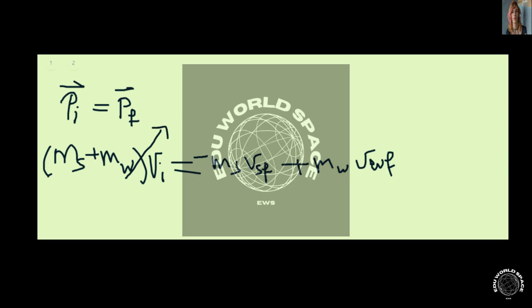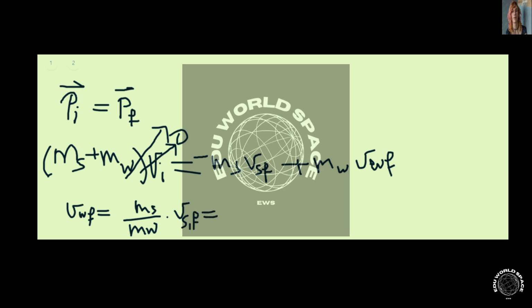Again, the initial speed is 0, so this is 0 here. And when I solve for the speed of the water final, I get V water final equal to the mass of squid over the mass of water times the speed of the squid after the expelling.